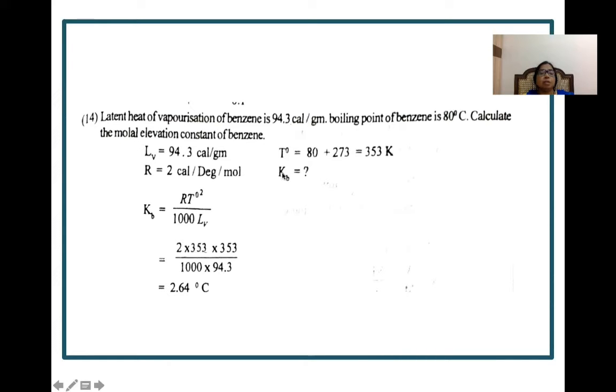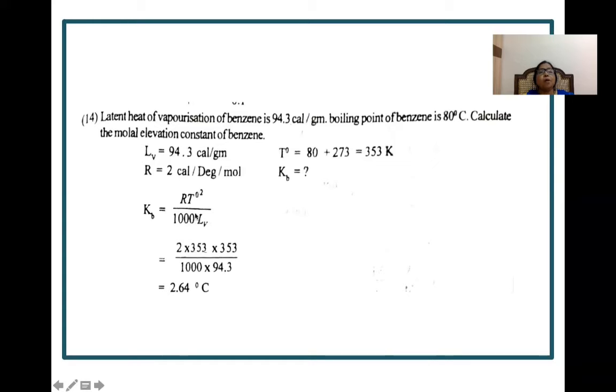Kb is the molar elevation constant of benzene that we have to calculate. Here Kb is equal to R T naught square by 1000 Lv.